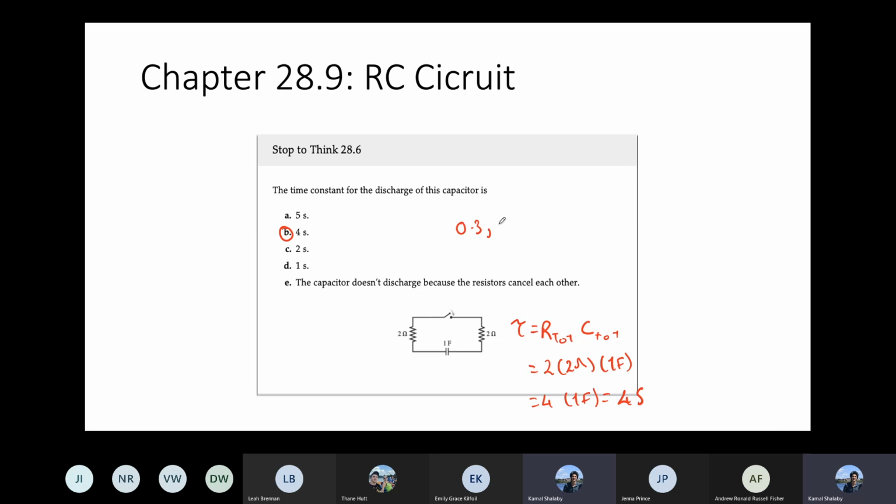After another 4 seconds it would be 0.1. So this is 4 seconds, this is 8 seconds. If we kept doing this, after 20 seconds we would have 0.001 of the charge left, which is basically 0.